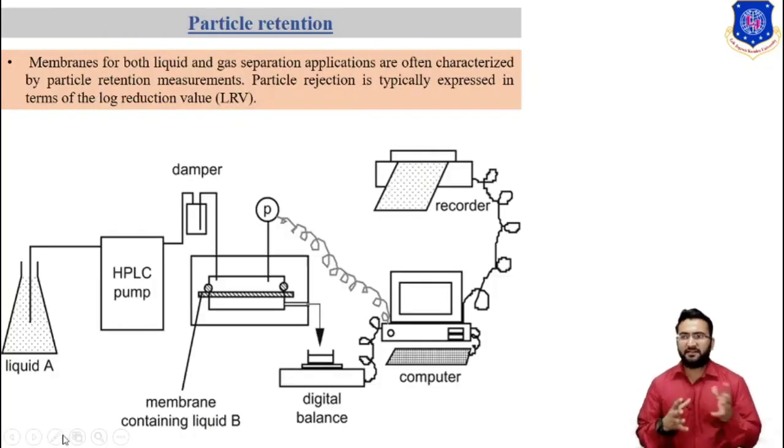Now let us discuss the particle retention method. Membranes for both liquid and gas separation applications are often characterized by particle retention measurement, and particle rejection is typically expressed in terms of the log reduction value, known as the LRV.